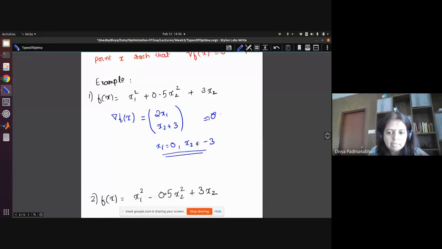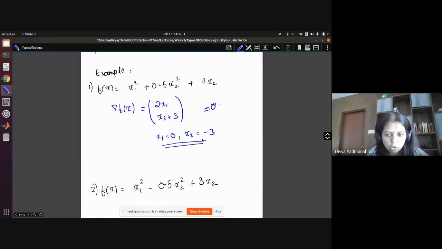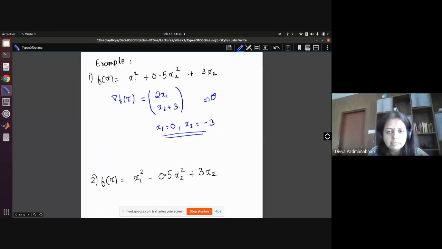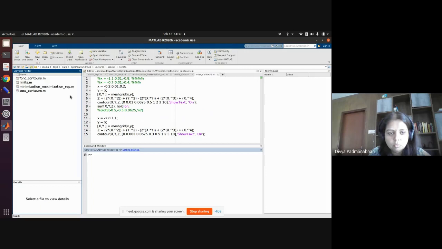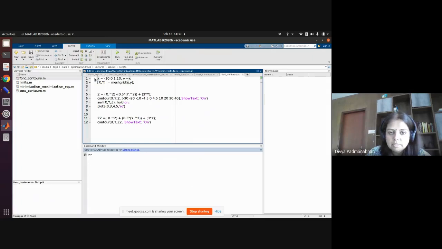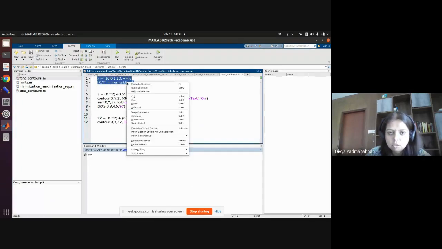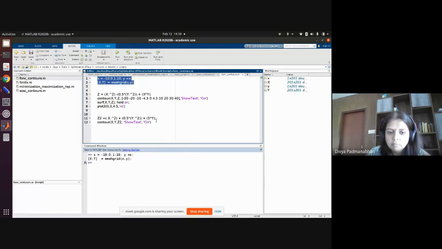Now you have to see whether this is actually a minimum or not. For that, these contours are going to help you. So I'm just taking all the points in the range minus 10 to 10, and this was the function, x square plus 0.5 y square plus 3y.